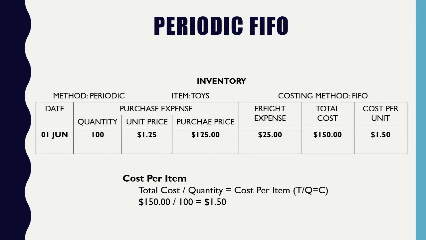So we're spreading all the costs to make sure that when we sell our product, we include everything that cost us to get the product to the store. We're going to sell them at a higher price, obviously, but this is how much we're going to subtract out of our inventory.